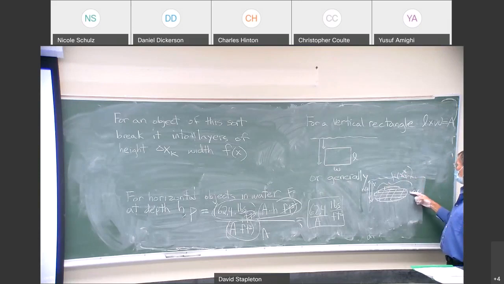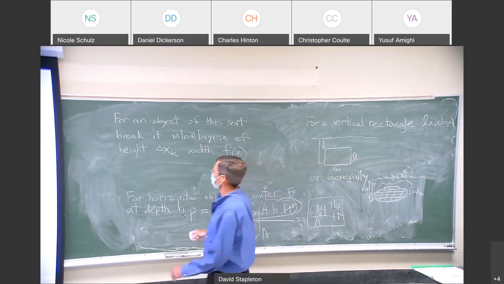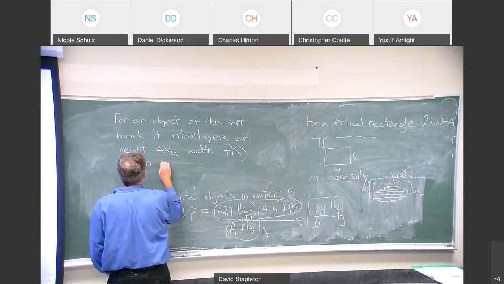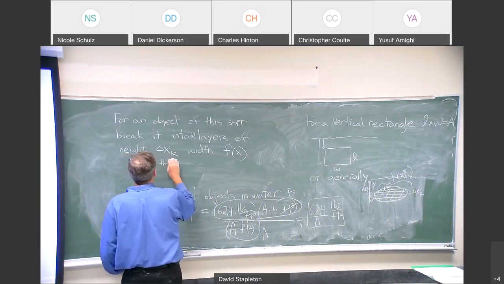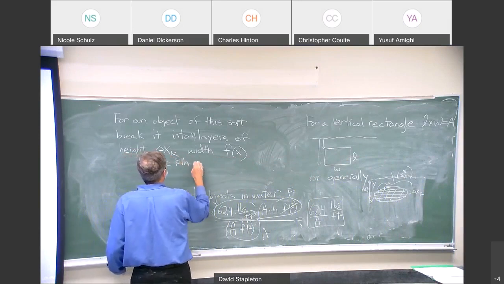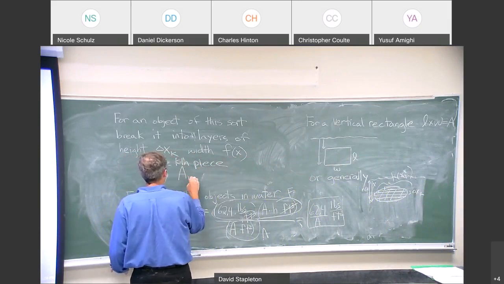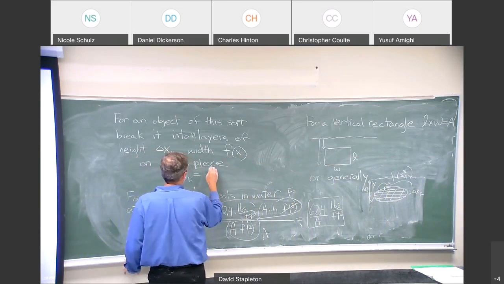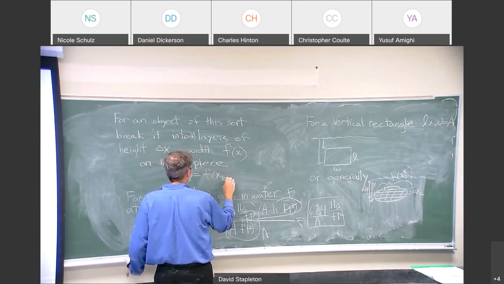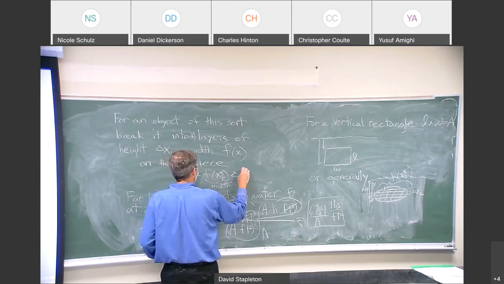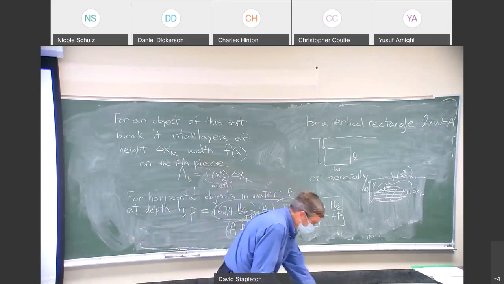And so delta x times f of xk is the area of the kth piece. The area, Ak, is f of xk star, the width at that point, times delta xk. I'm just deriving a formula here.